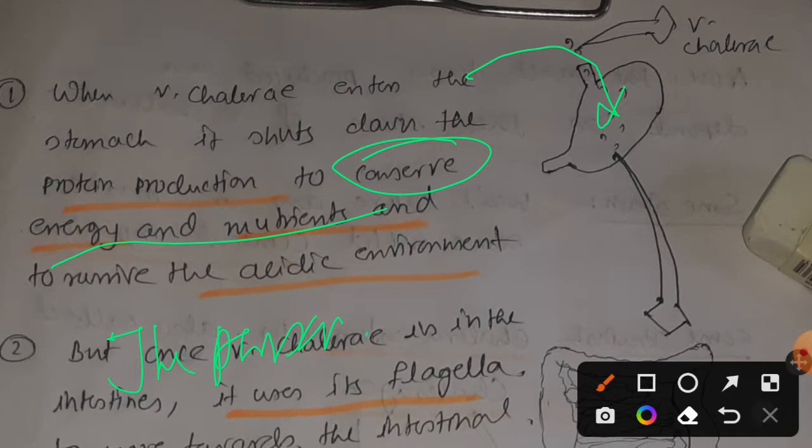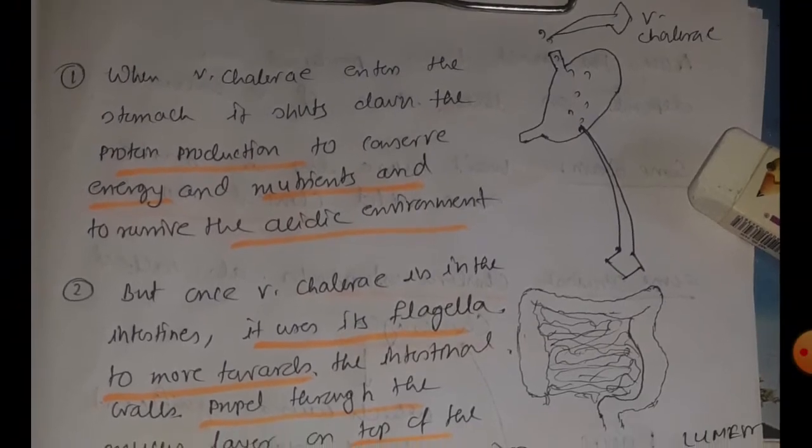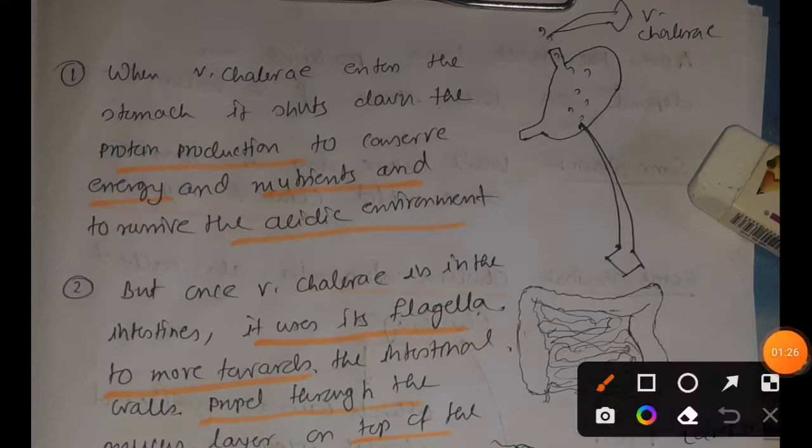So the acidic environment of the stomach, we should say, is a natural immune system that protects us from Vibrio cholerae. Now after that, from the stomach it will go to the intestine.